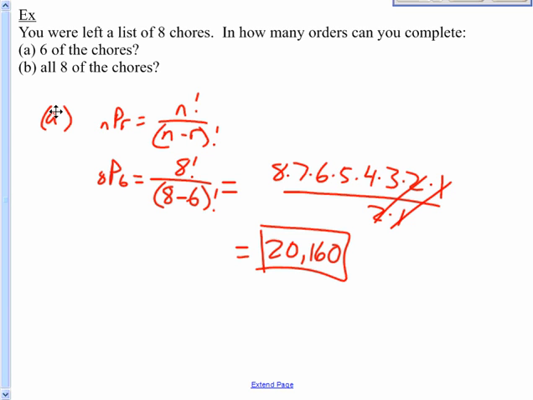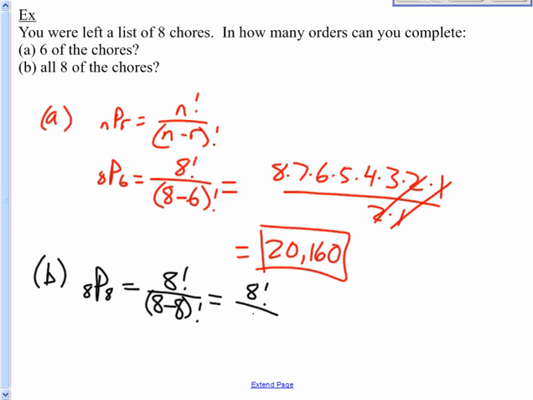So part B. Okay? So 8 permutation 8. Again, order matters. What order are you doing these things, right? And how many different orders can you complete it? So 8 factorial over 8 minus 8 factorial. Okay? So 8 factorial over 8 minus 8, that's 0 factorial.